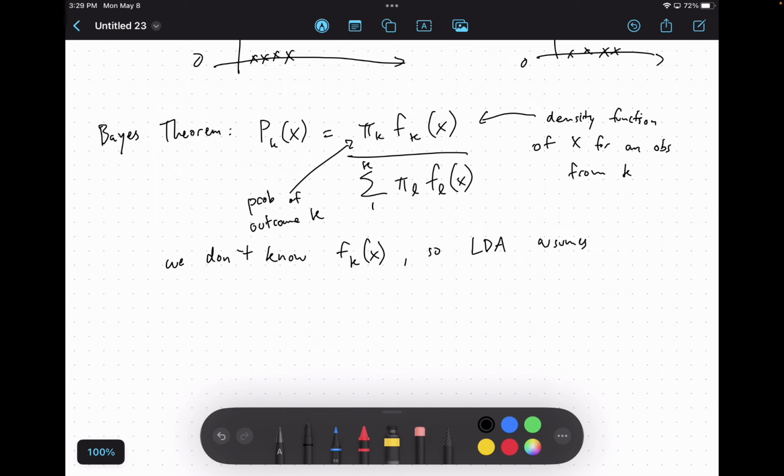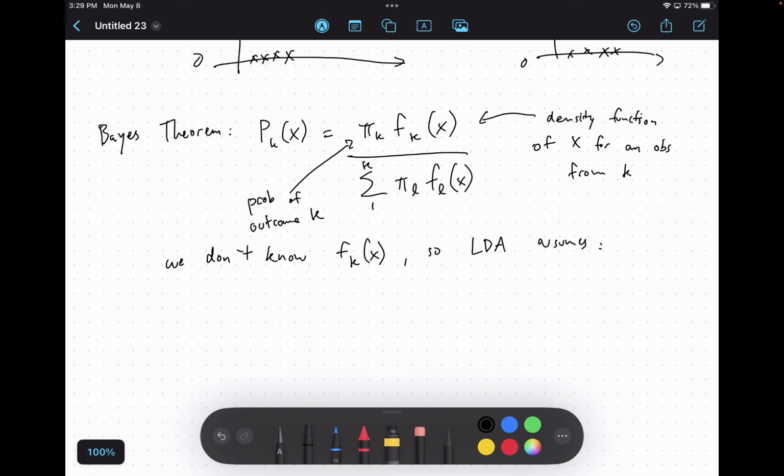The difference between pi k and pk of x is that pk is more of a conditional probability, conditional on some value of x, and pi k is the overall. Yes. So pk of x is the probability of an outcome given a value of x. Pi k is just the total probability.